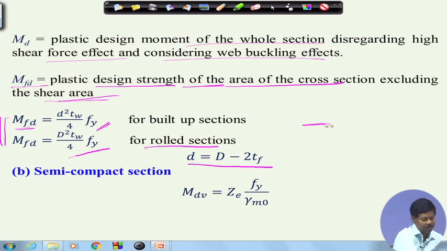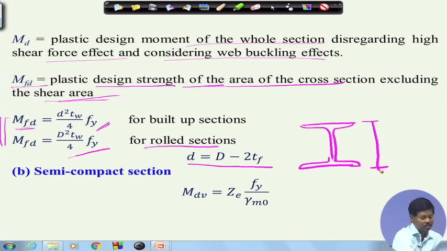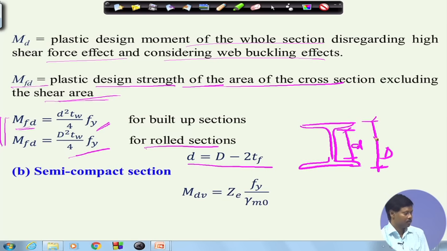That means, if we have a section like this, then we can find out this as capital D and this as small d, which is capital D minus 2 Tf, right.